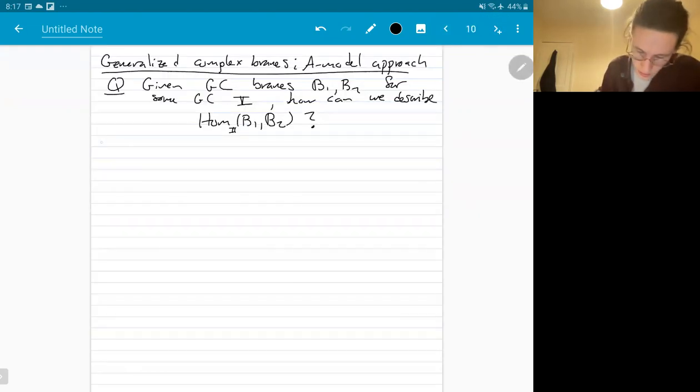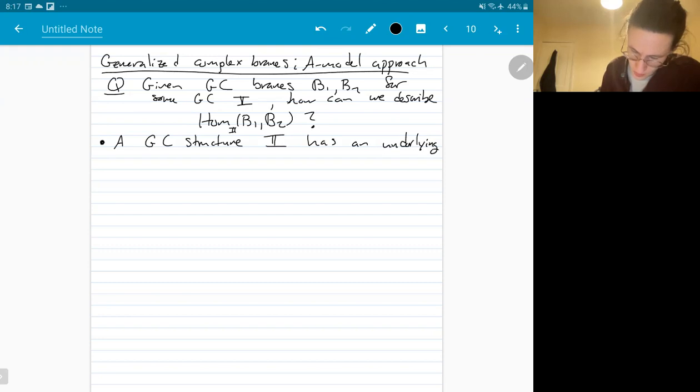So the first thing is that a GC structure, say I, has an underlying real Poisson structure.